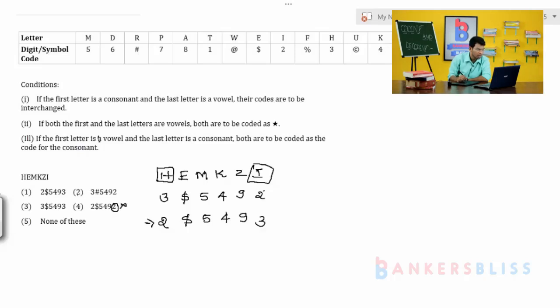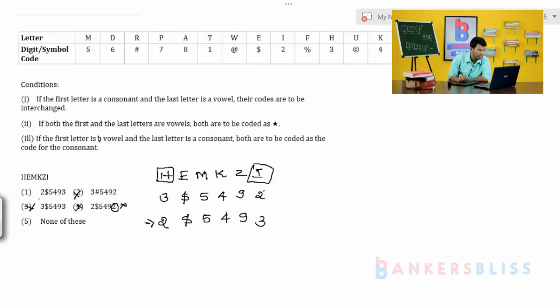And the remaining three options cannot be matched. Why? In one we have 2 first, but first we should have 3, and here also the first one is 3, so this also cannot be the answer, and this also cannot be the answer.